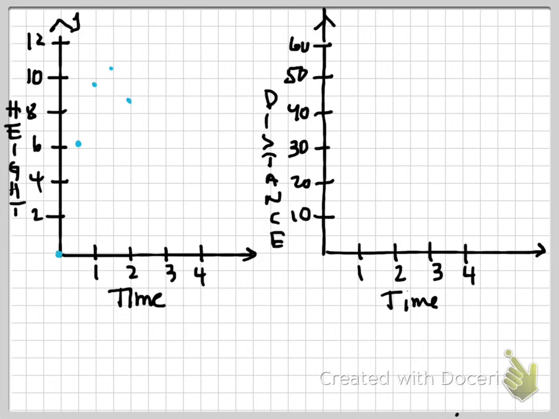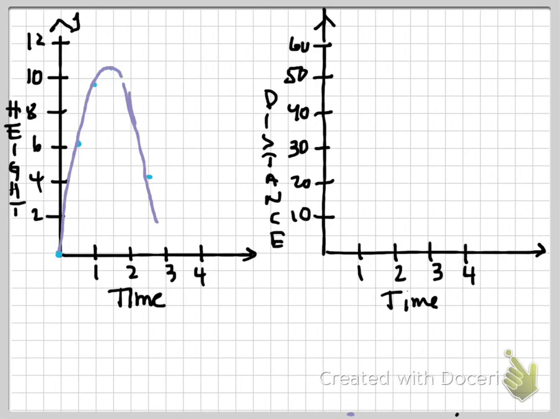And at 2.5, we were at 4.2. So if I connected these up, it would look something like this. And it eventually would hit down. I don't know the exact time, but eventually would hit down.